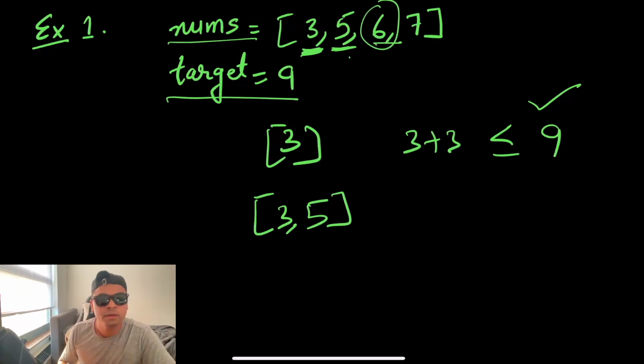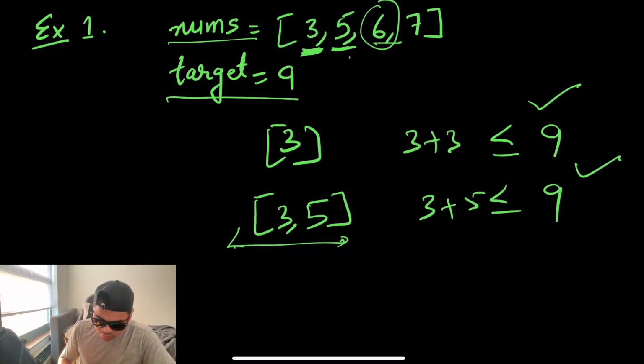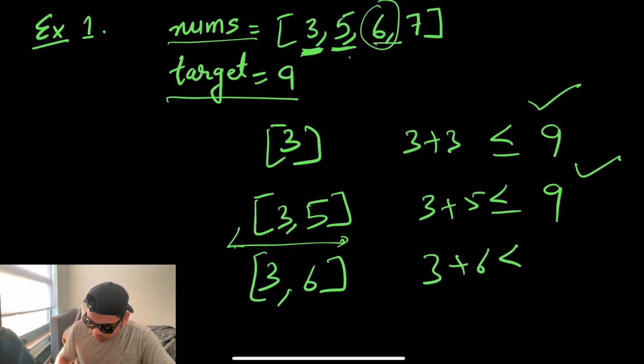That is another valid pair, or I would say subsequence. Pair is in terms of minimum and maximum, but subsequence is what we are looking for. This also satisfies our condition: 3 plus 5 is 8, less than or equal to 9. And then 3 and 6. So 3 plus 6 is also less than or equal to 9.